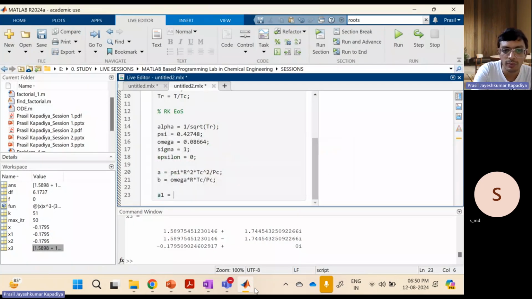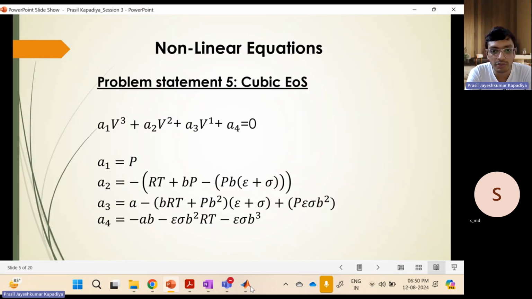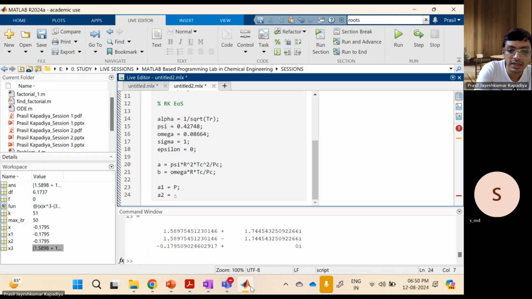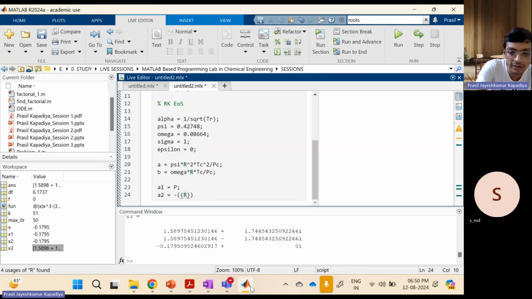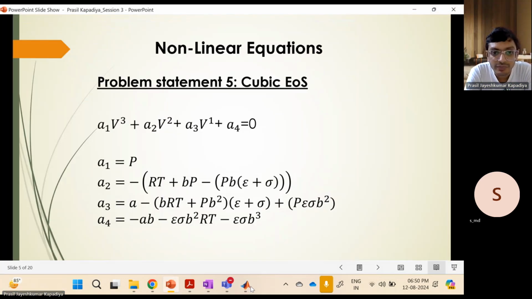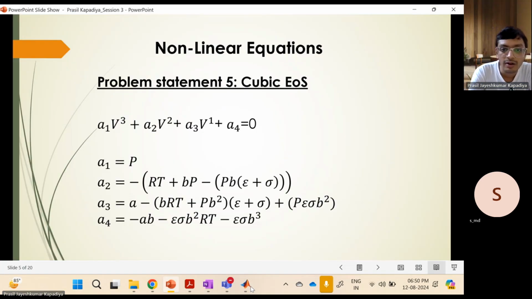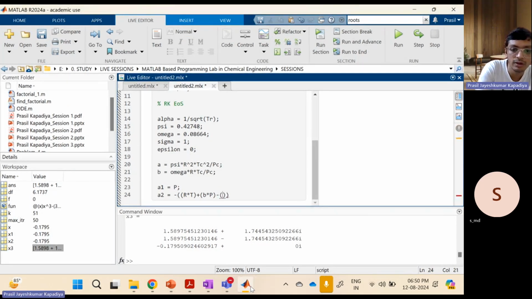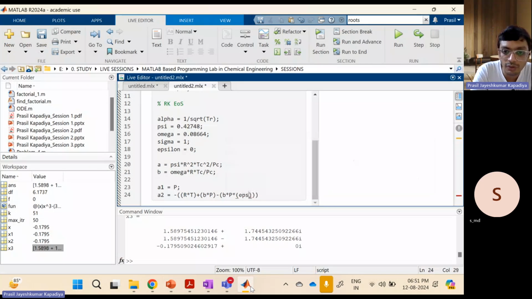A1 is equal to P. A2 is equal to, I'm not doing anything new, I'm just copying from here, minus a big bracket, R into T plus B into P minus, be really careful, same term, B into P into epsilon plus sigma.